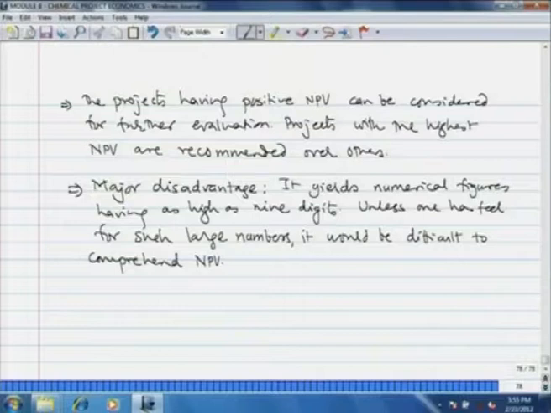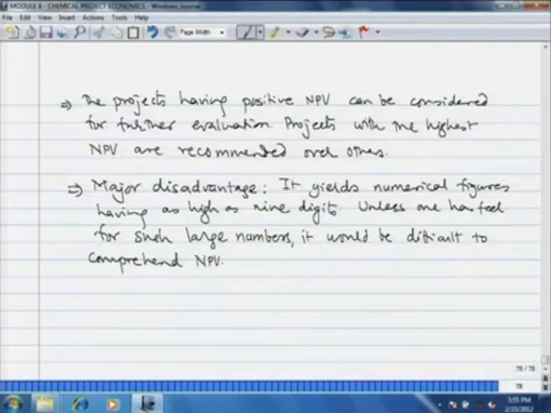Of course, that economic potential does not take into account the time value of money, but before even you go for that, you have to consider the net present value and decide whether it is worth investing more time and money in designing the project to greater detail. Okay. Now, the major disadvantage of the NPV is that it often yields large numerical figures, as large as having 9 digits, because it is essentially the total profit.